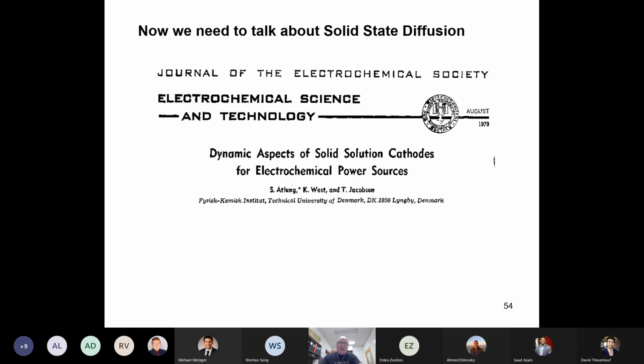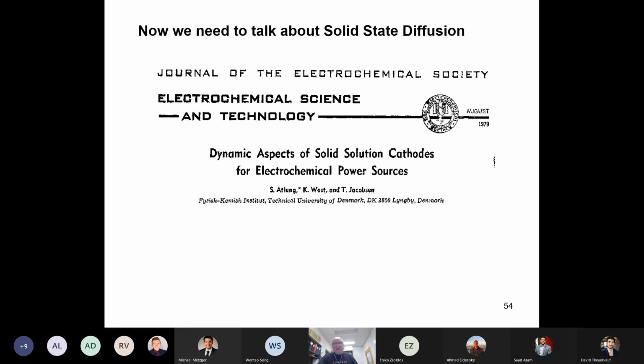Okay, well, this old paper from 1979 by Sven Atlung, for me, this is a classic paper. And some of the people in our group are very familiar with this paper, but many of them aren't, and lots of others in the class are not either. But this was one of the first papers that talked about the impact of the diffusion of lithium within the electrode particles.